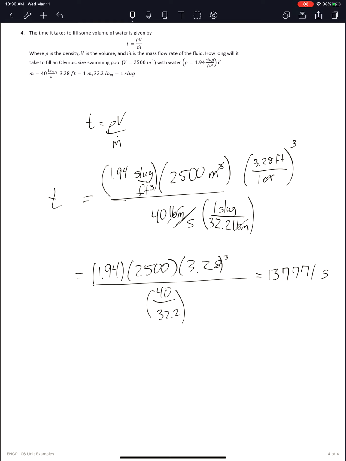Seconds. If I convert that to, say, days and hours or something, I'm curious to see what I'll get. So I'll just divide this by 3,600. That is 38.27 hours. I know I said I'm going to divide by 3,600. Of course, I'm actually multiplying by 1. Okay, so there's the calculation. It takes quite a while. According to this calculation, to fill this thing up, that is pretty significant.